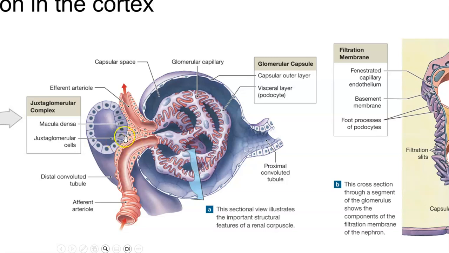And there are cells that monitor conditions in the blood and also in the filtrate. Here are the macula densa cells, which are the cells of the distal convoluted tubule that actually contact the afferent and efferent arterioles. And then there are the juxtaglomerular cells, which are cells that are attached directly and are part of the afferent and efferent arterioles.